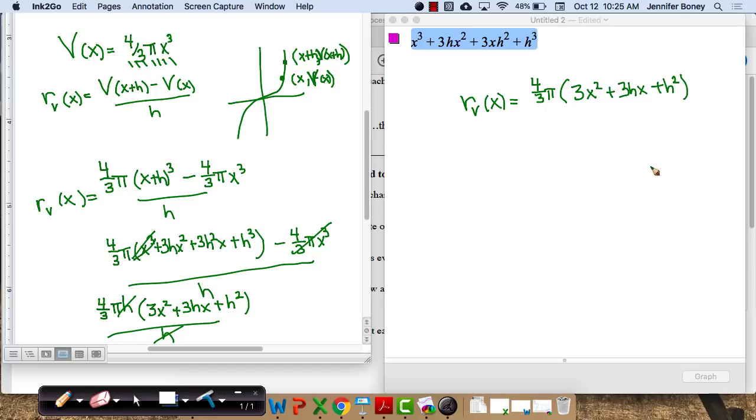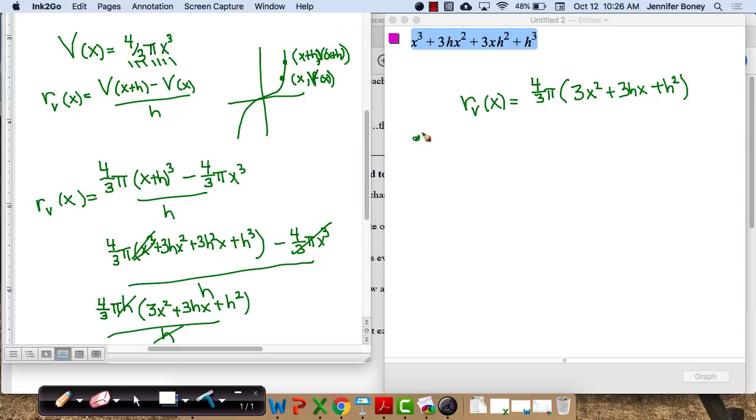So we could distribute this and simplify, but one of the things is this still involves this h. H could be relatively large, and I could call this an approximate rate of change function for the volume. Or I could imagine h essentially 0 and say that's an exact rate of change function for my volume.